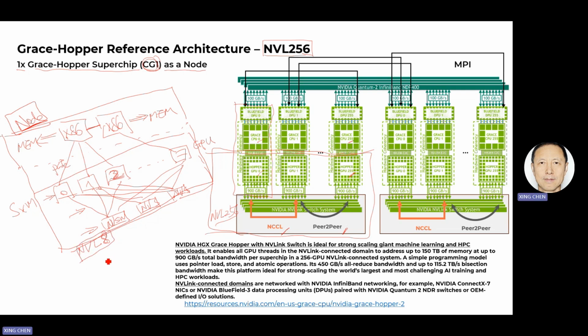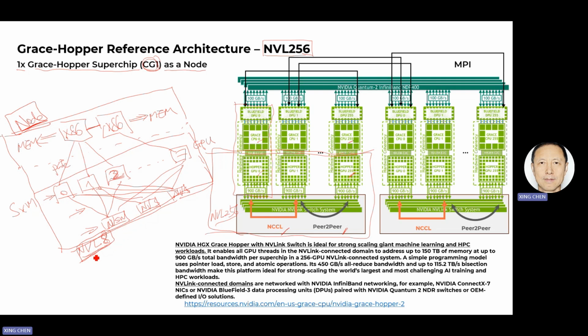But before the Grace Hopper superchip, this NVL domain, whatever the number, NVL4 or NVL8, belongs to a node. So here is the node. This NVLink domain belongs to the node. The NVLink domain here has never been across nodes.